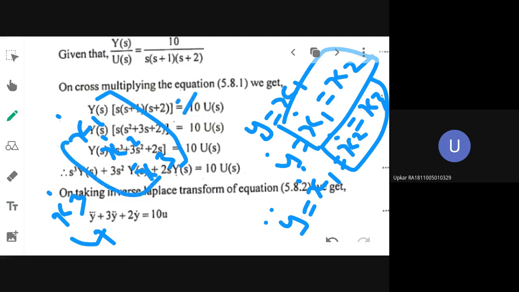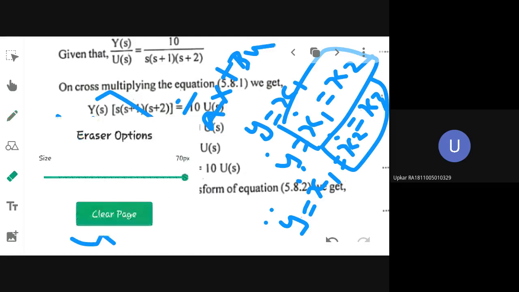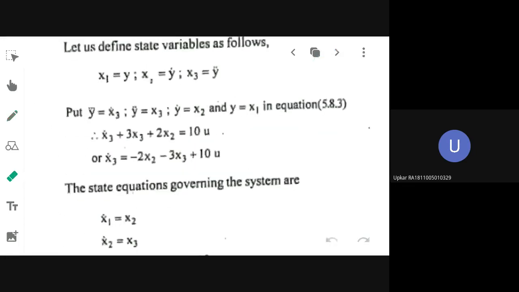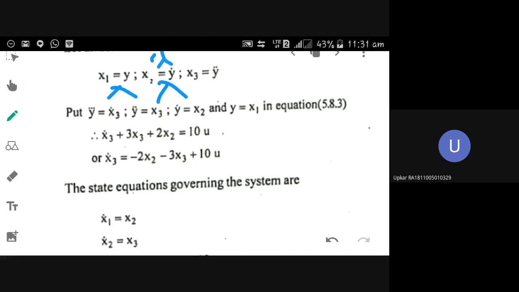Okay, you know how to write Ax plus Bu. Same way. So that is what they have done here. So x1 is equal to y, first state variable, x2 is equal to y dot, that is second state variable, that is equivalent to x1 dot, as I have done earlier.